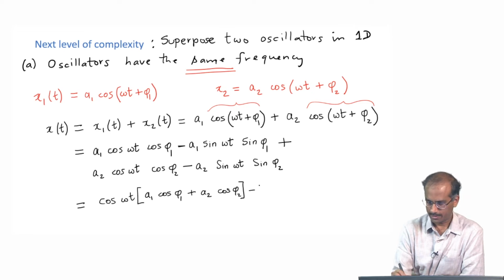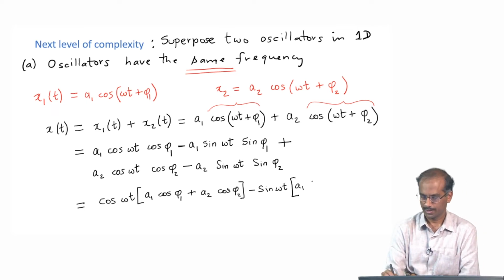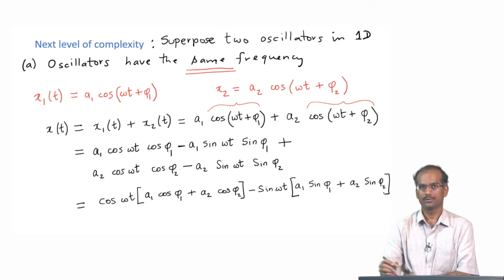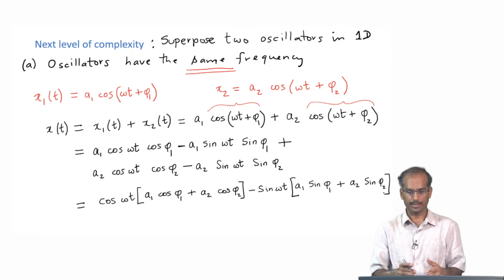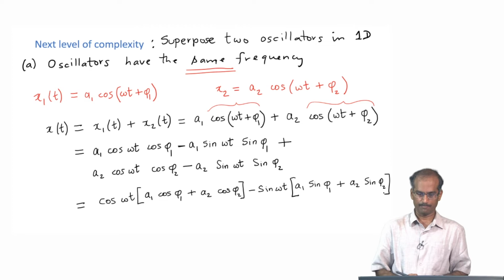And now, I will take sin omega t out, in which case I will get A1 sin phi 1 plus A2 sin phi 2. So, I have done nothing more than rewriting the former expression in a slightly different way.